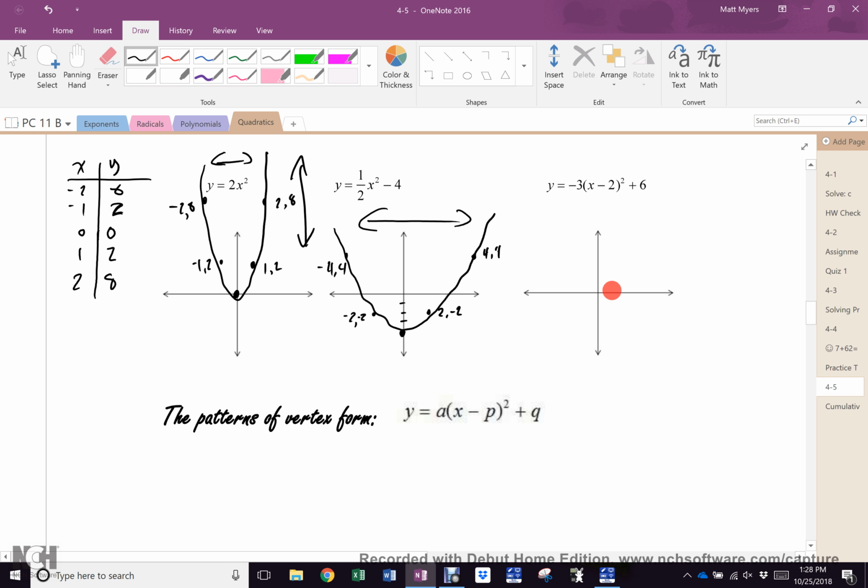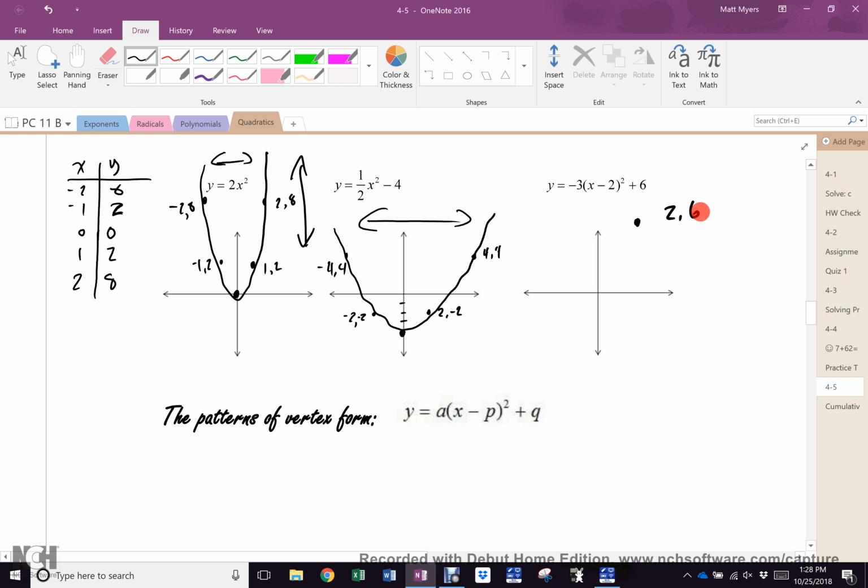So it will move out 1, 2. Where else will it move? It's 6 on the y-axis. 1, 2, 3, 4, 5, 6. So it will be up there, yes? Now, since I have that point of 2, 6, I can now graph, can't I?